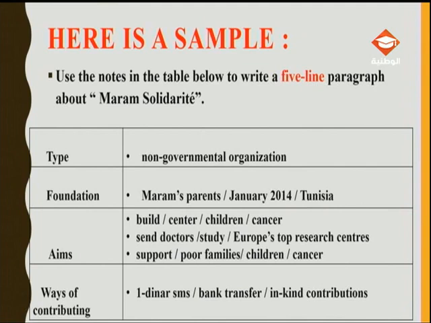The aims now, the goals of this organization, what this organization hopes to achieve. So it has, as we can see, 3 aims. The first, build center children cancer. Send doctors study Europe's top research centers, and support poor families' children cancer.